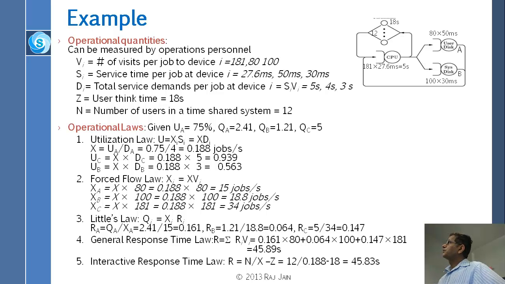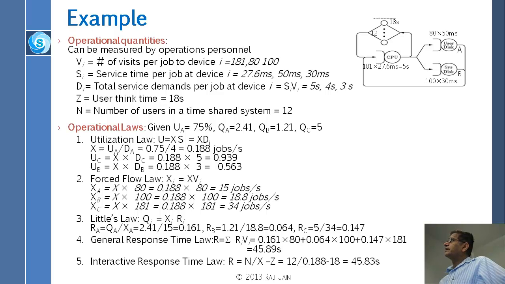In this example we have actually done most of it already, but we are going to do all of it one more time for review purposes. The first law is U_i equals X_i S_i, which equals X D_i.